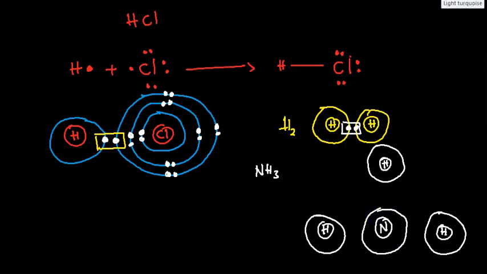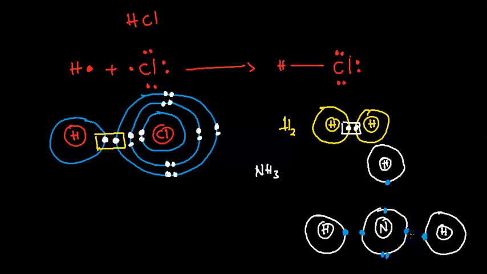The number of valence electrons in hydrogen is simply 1. The other hydrogen is also 1, and this is also 1. Valence electrons in nitrogen is going to be 5. Here we are going to have 1 here, 1 here, 2 here, and on the right hand side we are going to have 1.